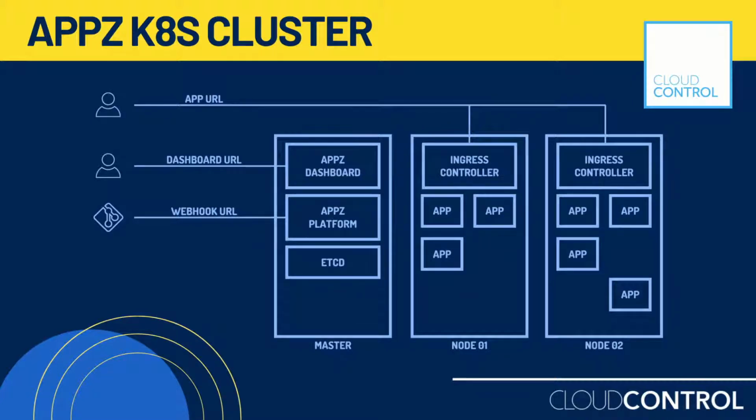That's correct. As I said earlier, we are building 3 EC2 instances, and those 3 EC2 instances are getting converted into a Kubernetes cluster, one master node and 2 worker nodes, as you can see here. On the master node, we are also deploying our AppZ platform, which consists of the deployment engine.